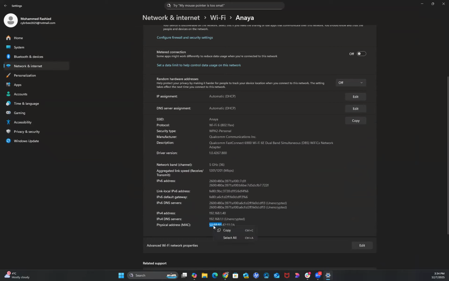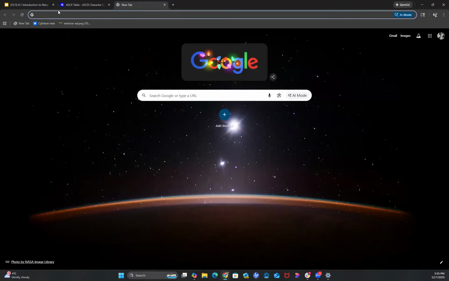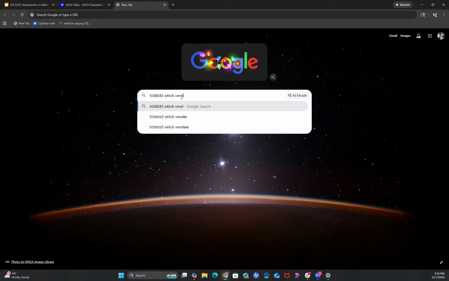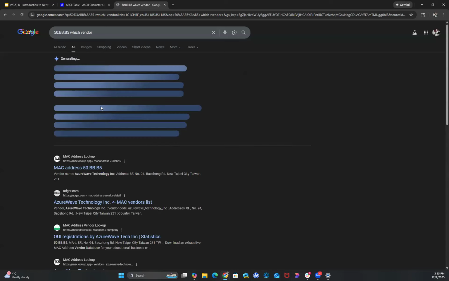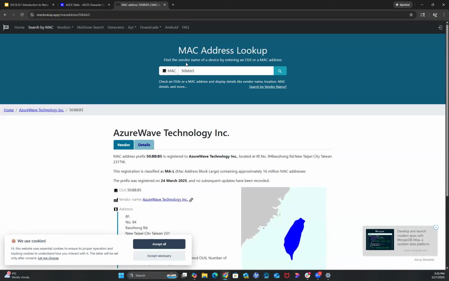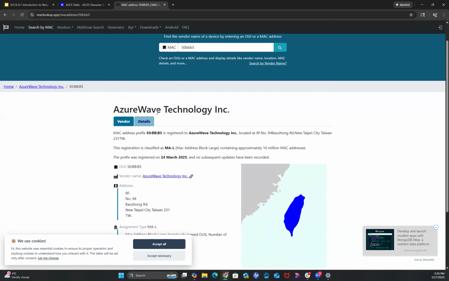You can copy this and check the MAC address vendor using a MAC address lookup. This is Azure Web Technologies, meaning Microsoft. This is the vendor.